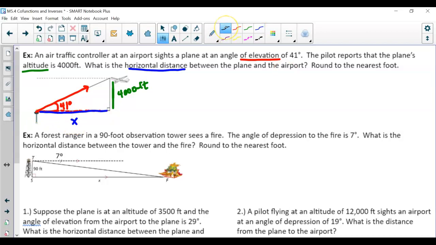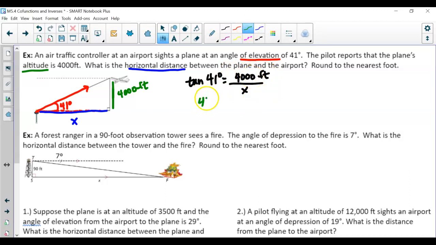So now looking at the picture, here we go. Do we have the hypotenuse? Here's your right angle. Do we have the hypotenuse? No, nothing here. So that means we use tangent of 41 degrees. That is equal to, here, we're going to set this up. I've got opposite, which is 4,000 feet over X. So now notice, because this is the opposite, we're not going to solve by multiplication.